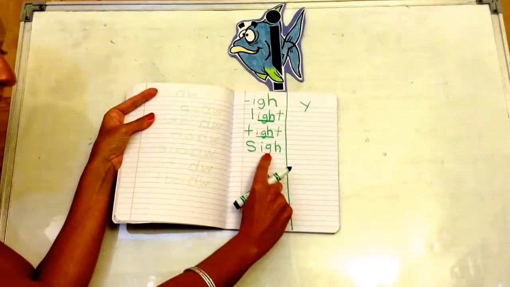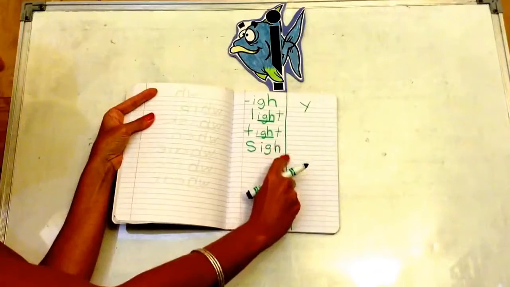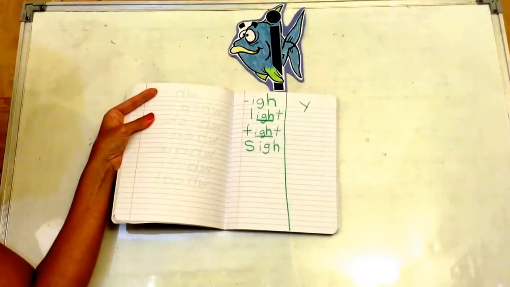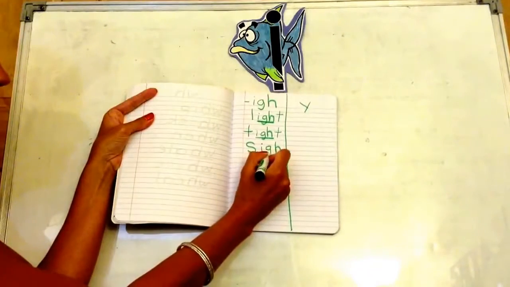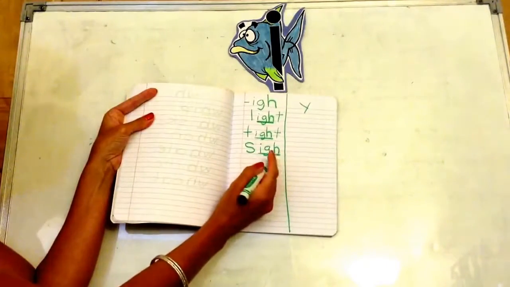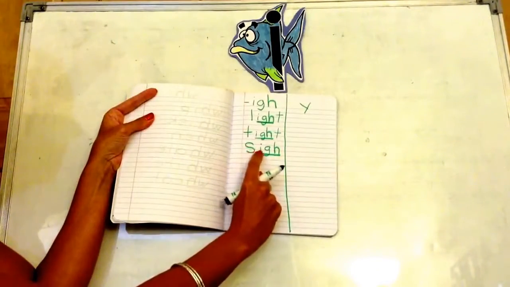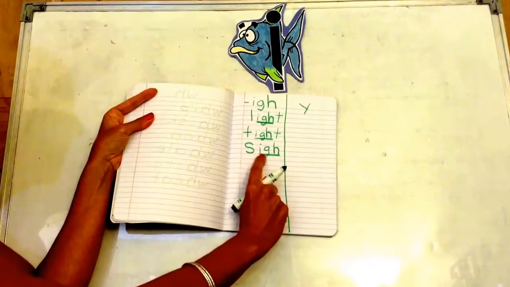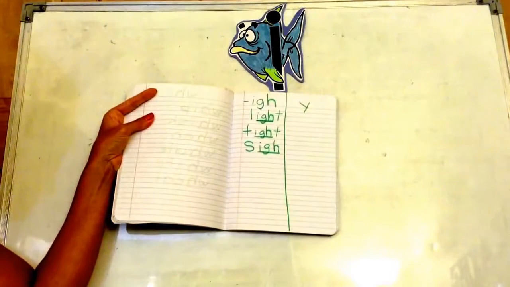And I don't hear any sounds after the I, so I don't have any consonants over there. And then I'm going to underline I-G-H. So please write the word sigh, S-I-G-H, and then underline I-G-H, please.